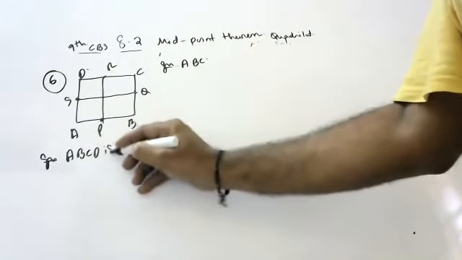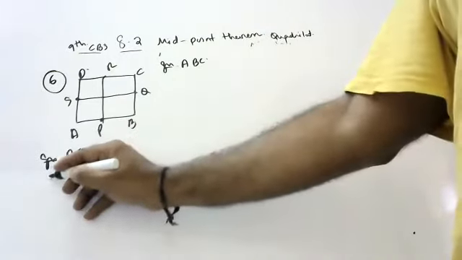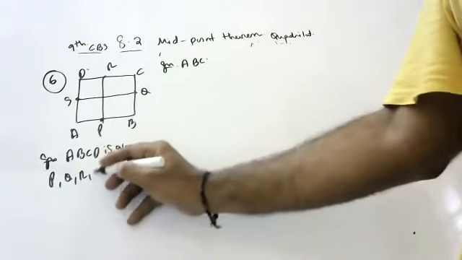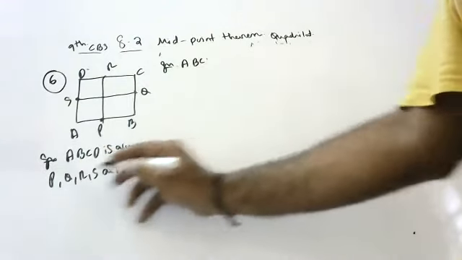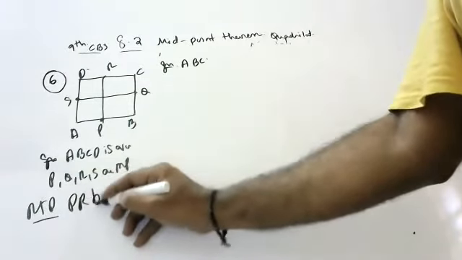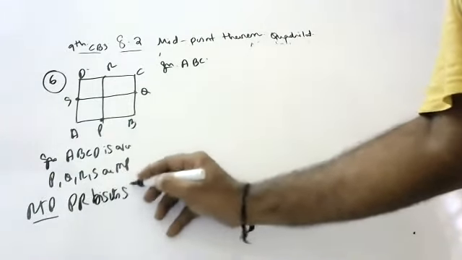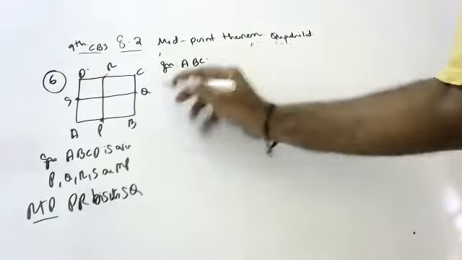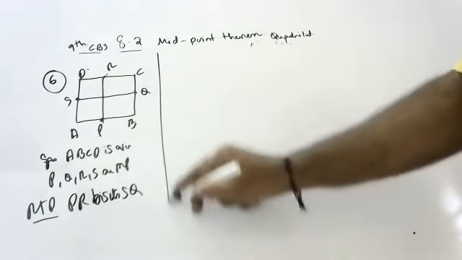They said P, Q, R, S are midpoints. What is required to prove is that PR bisects SQ.